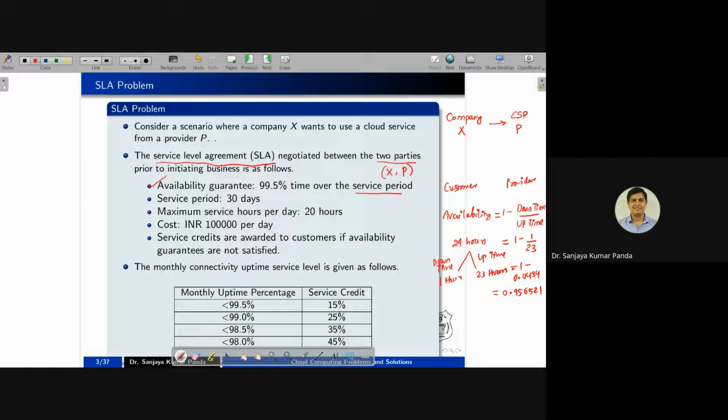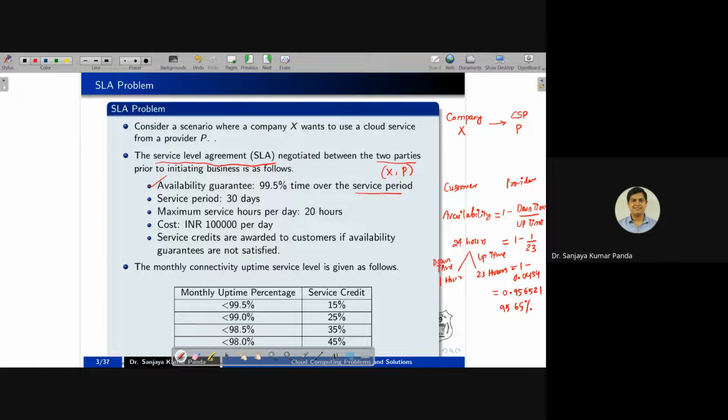Is it okay? You may get slight differences here and there, right? Yes, others also said 0.43. Okay, so it is 95.65%. So availability is 95.65%.